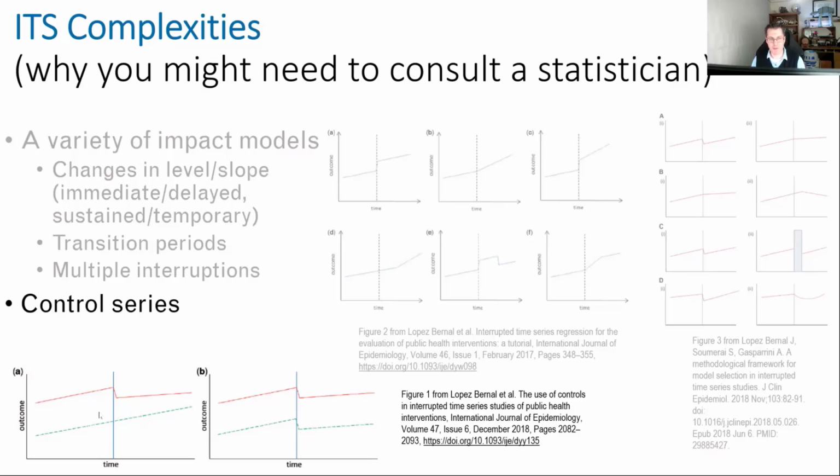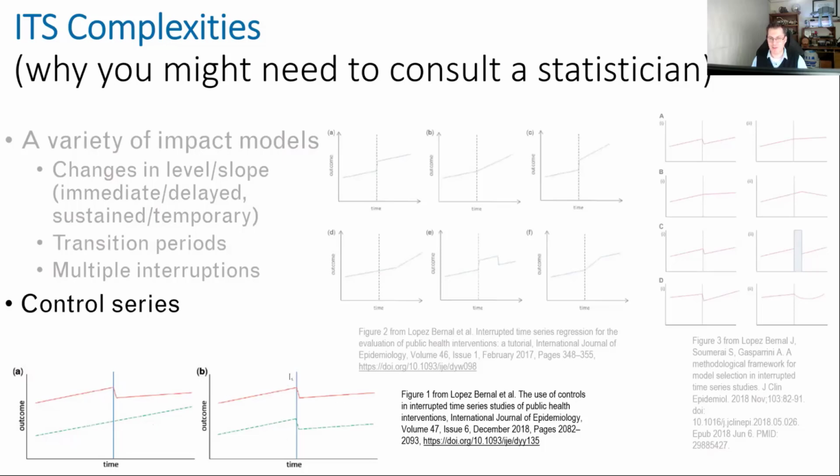So in these two examples below, we've got two data series, a red one and a blue one. And in the first one, we can see at the time of the interruption, the red one changes and the blue one doesn't. Now that would be a stronger suggestion that our intervention did impact one without the other.